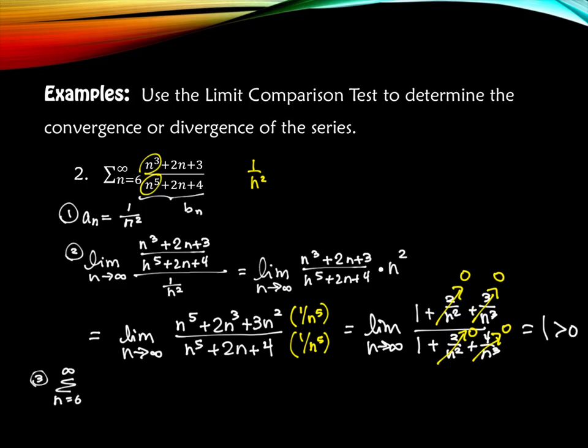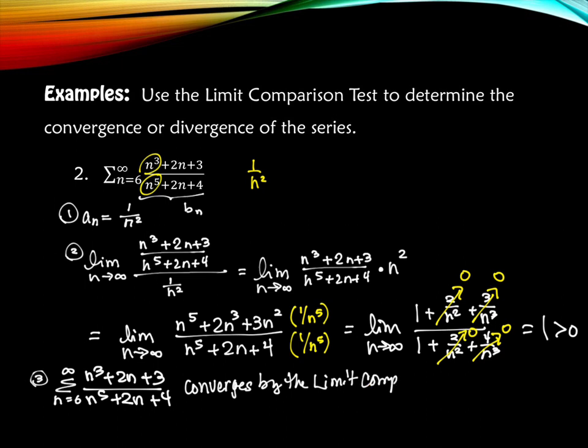The summation from n equals 6 to infinity of n cubed plus 2n plus 3 over n to the fifth plus 2n plus 4 converges by the limit comparison test, because the limit as n goes to infinity of n cubed plus 2n plus 3 over n to the fifth plus 2n plus 4, divided by 1 over n squared, equals 1, which is greater than 0.